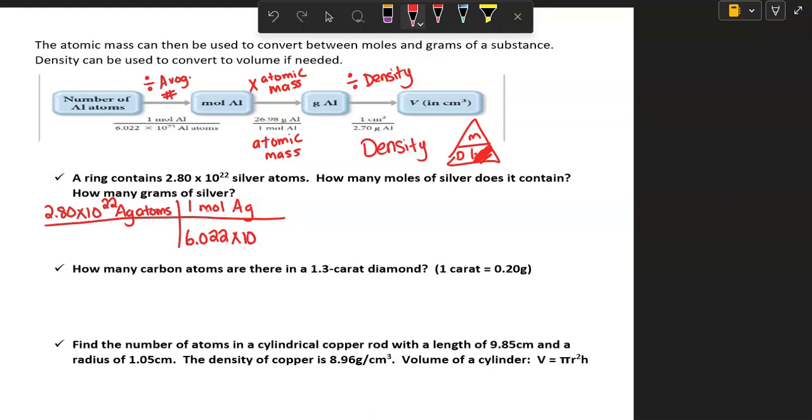We're going to divide by Avogadro's number. So back in the first video, I was telling you how important it was to make sure you knew how to use your scientific notation on your calculator. This is why. Okay. So this comes out to be 0.0465 moles of silver. So we got our answer to the first question.